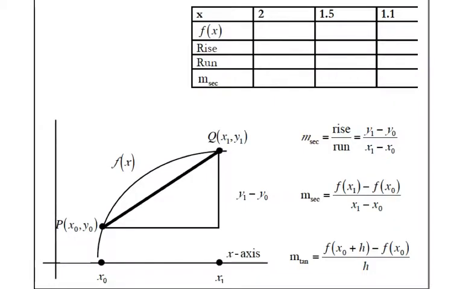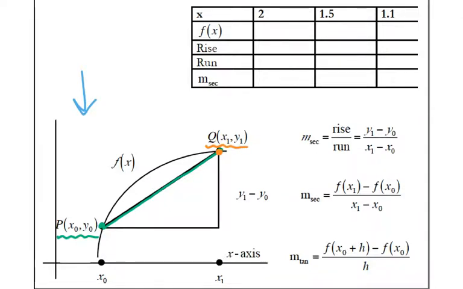Don't worry about this chart on the top of the page yet, but can you just look at this diagram here in the middle? Here's another drawing of our secant line from P to Q, going through 2 points. But now look how I'm labeling the 2 points. Here's point P, which I'm labeling X subscript 0 and Y subscript 0, or just X sub 0, Y sub 0. And over here I have point Q, and point Q is point X sub 1, Y sub 1.